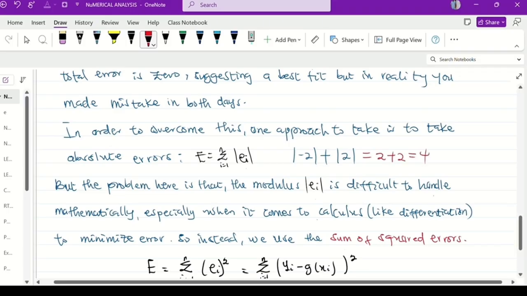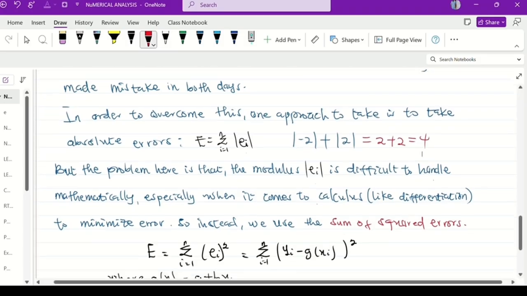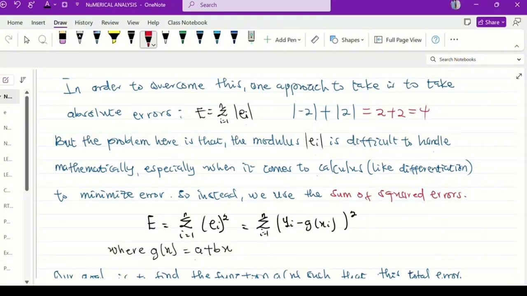And this really makes sense. But there's a problem here. The problem is that the modulus, the absolute of Ei here, is difficult to handle mathematically, especially when it comes to calculus like differentiation to minimize error.